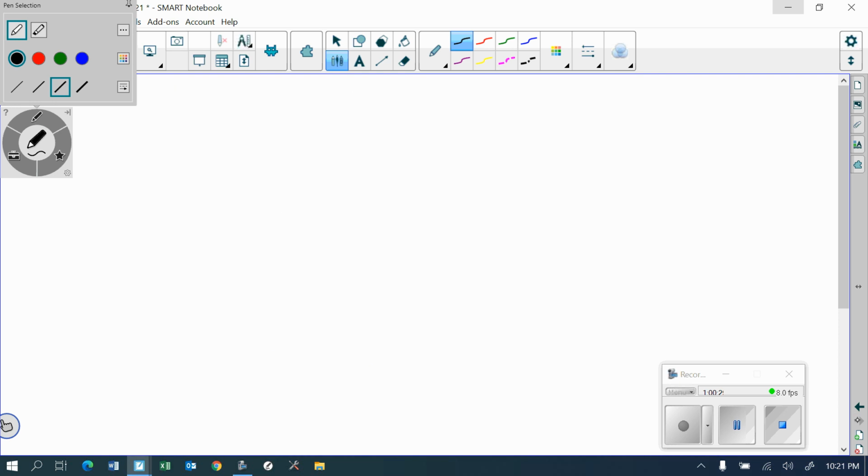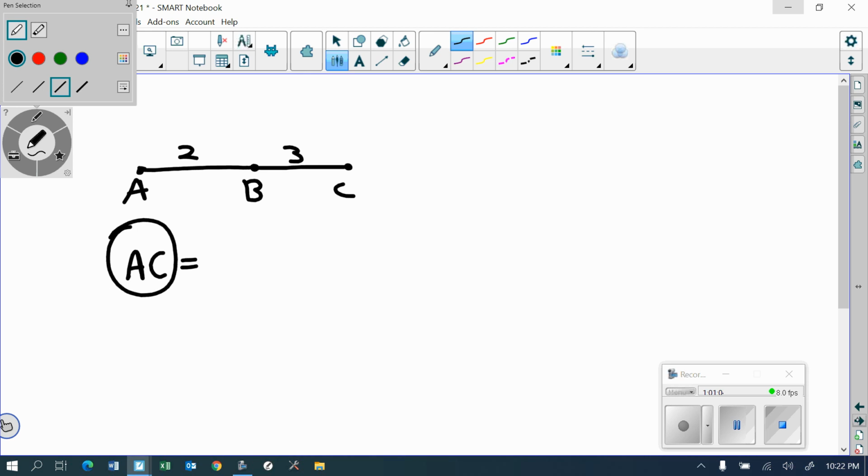Next we have the segment addition postulate. So if I have A, B, C, and I'm just going to put numbers in. They could be algebraic expressions, they usually are, in order to make you use algebra skills. If I say that length is 2 and that length is 3, notice when I write AC here, do you see anything written above AC?